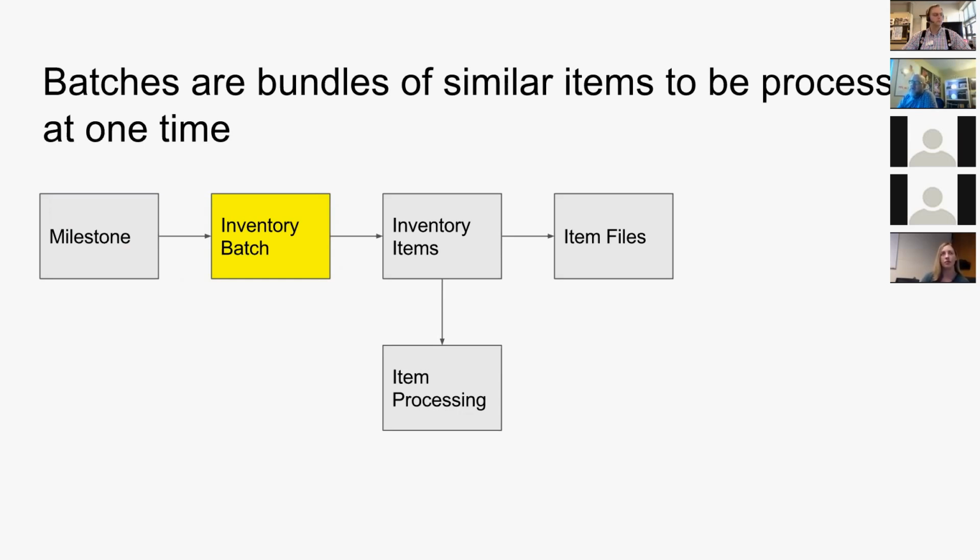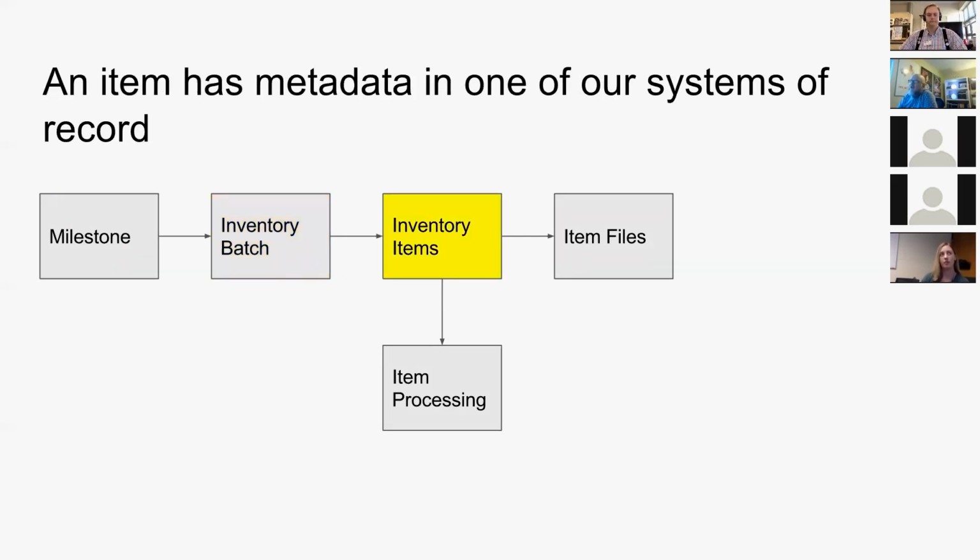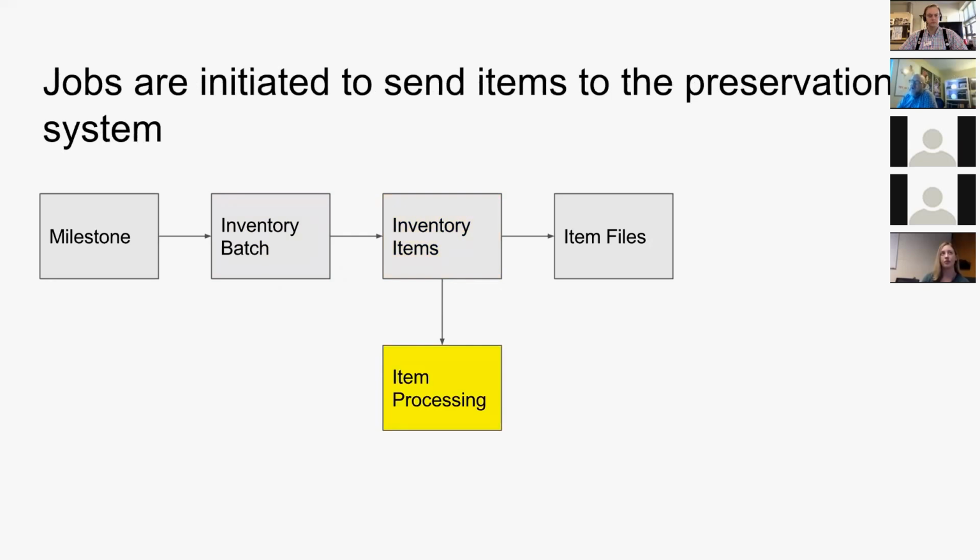So these are items that will go through a similar workflow. And then a batch consists of items, and items are described, as I mentioned, in one of our systems of record. And then for each item, we'll kick off jobs, and those jobs are the things that actually send content up to the preservation system.